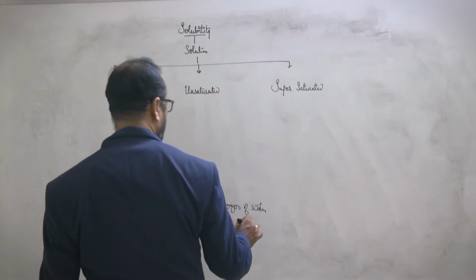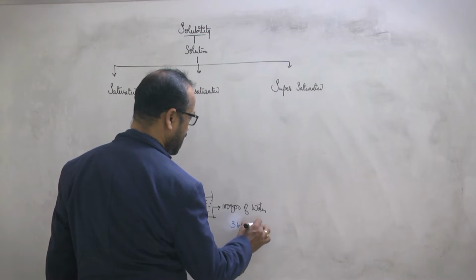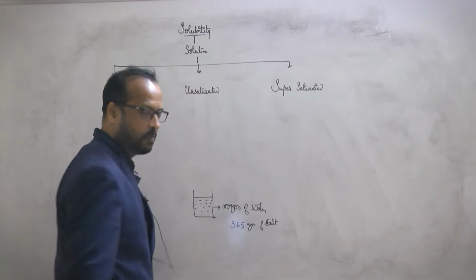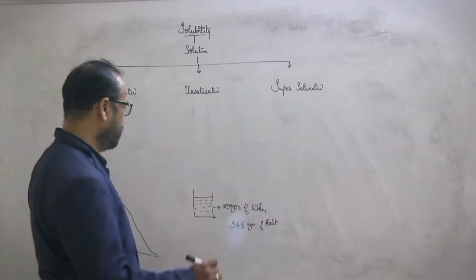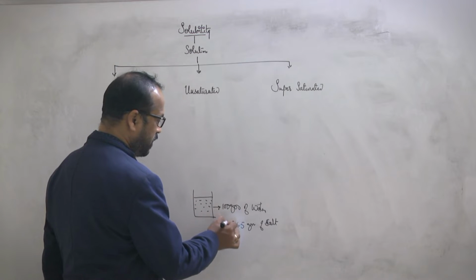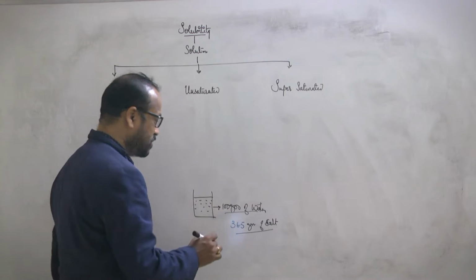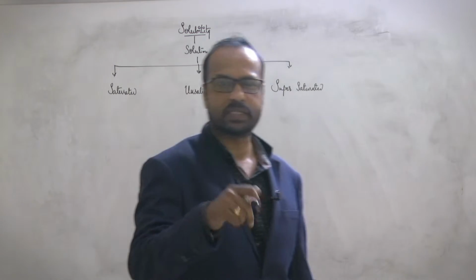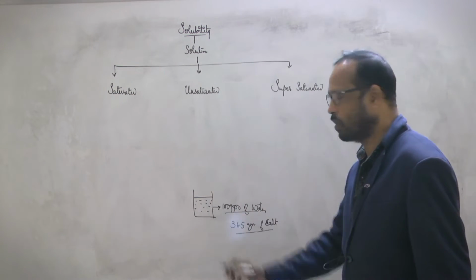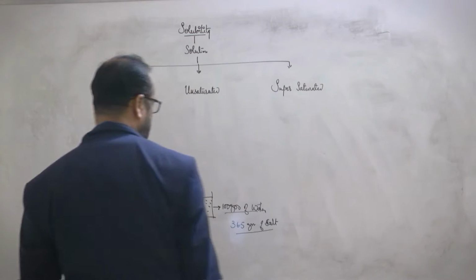So the capacity of 100 grams of water is 36.5 grams of salt, sodium chloride, which will be dissolved. Now for example, we made a solution, and we stirred it. Then what happened? The total salt, 36.5 grams of salt, is dissolved.